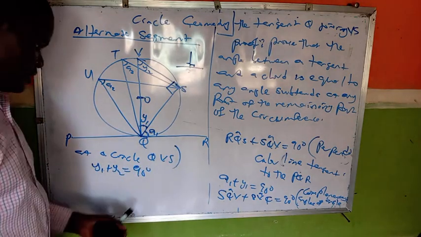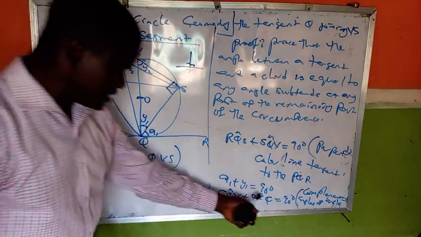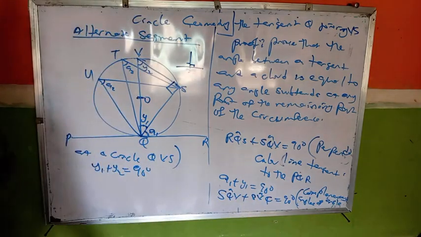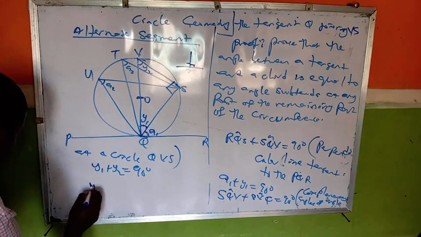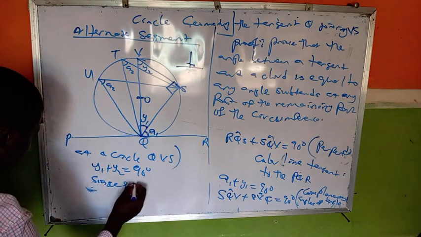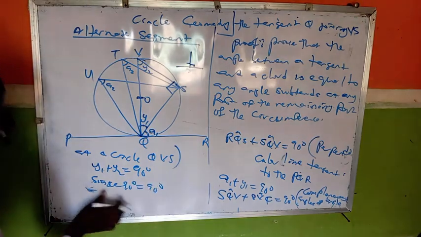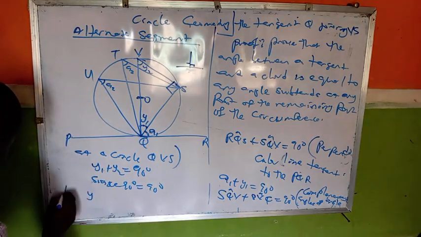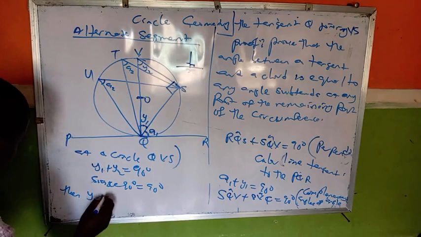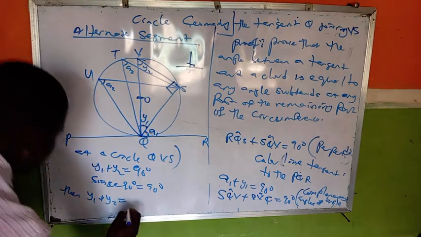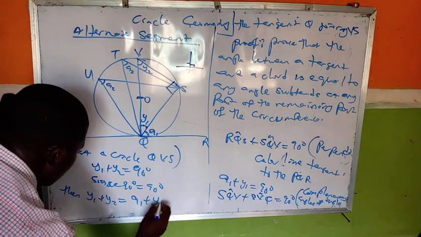Now look again. This is 90 degrees and this is 90 degrees, so 90 is equal to 90. Therefore y1 plus y2 equals A1 plus y1.